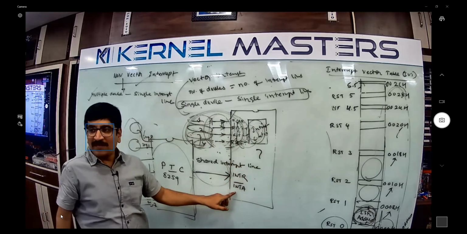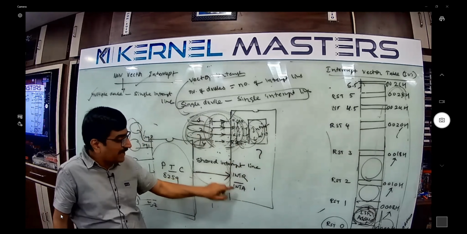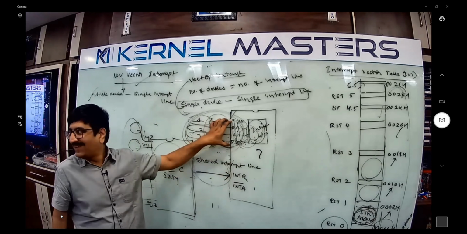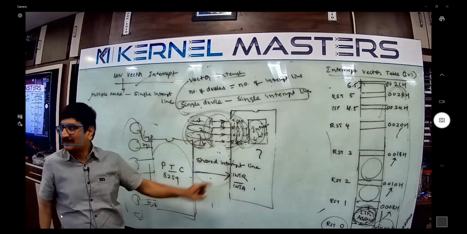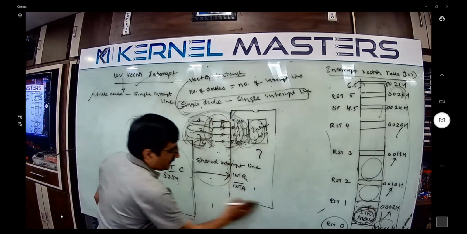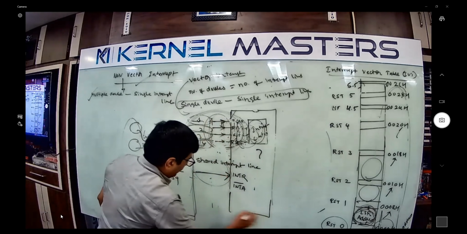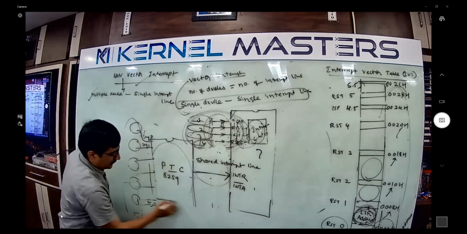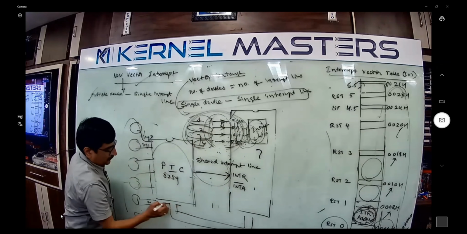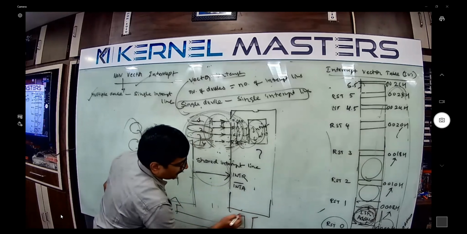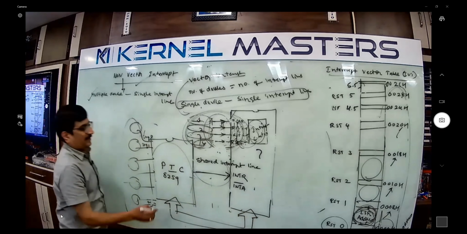So here the acknowledgement is important. This acknowledgement is only for the shared interrupt line, not for these. Understood everyone? The acknowledgement is only for what? The shared interrupt line. So why the acknowledgement now? What is the reason for acknowledgement?